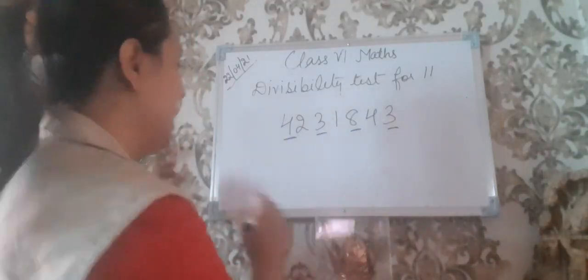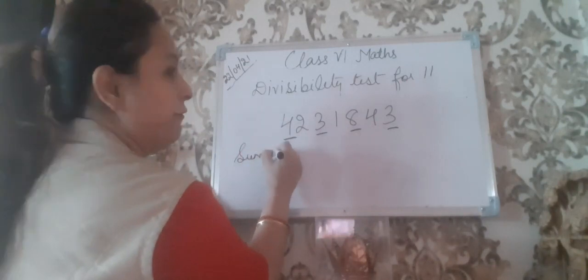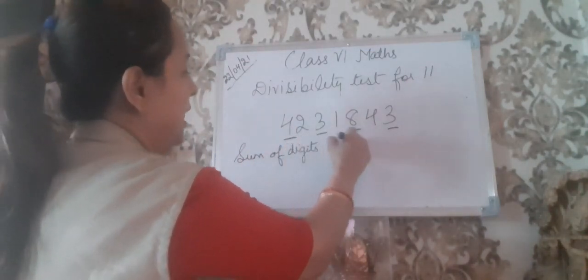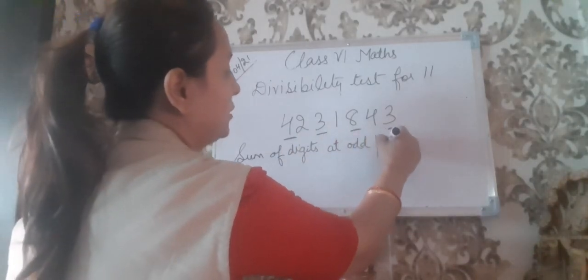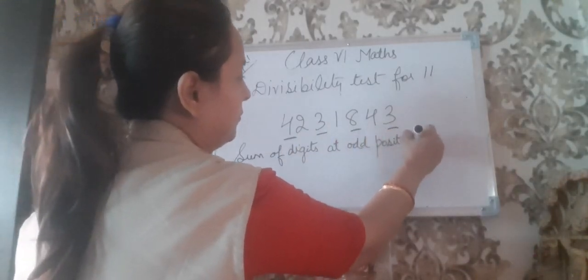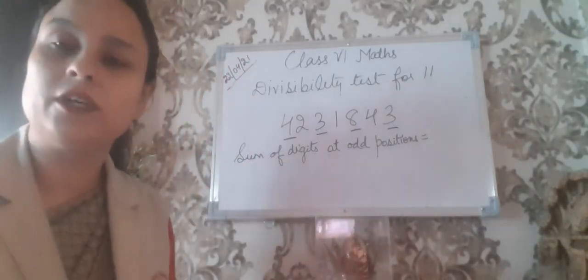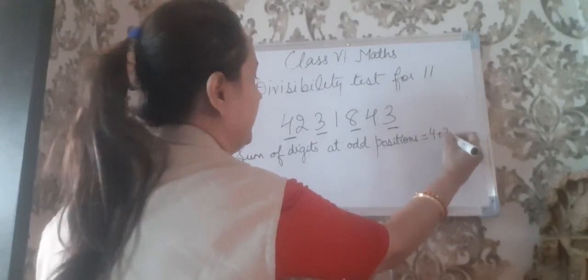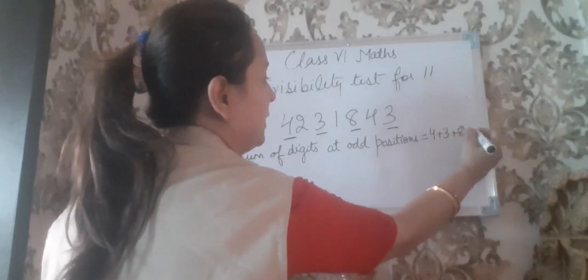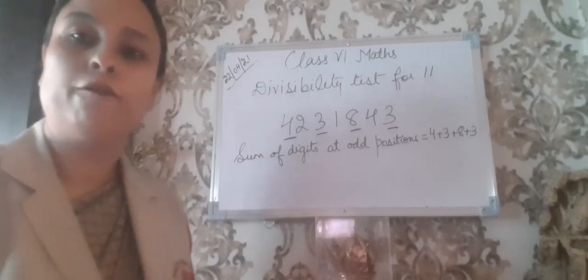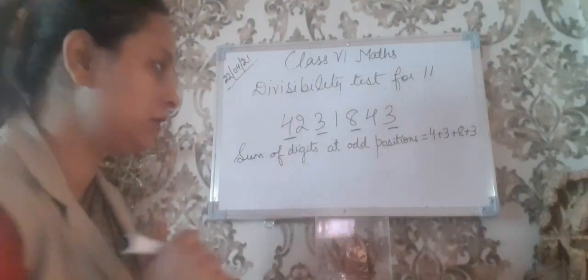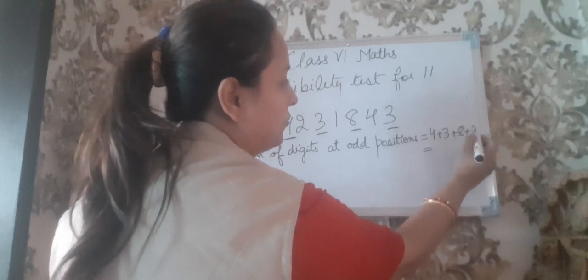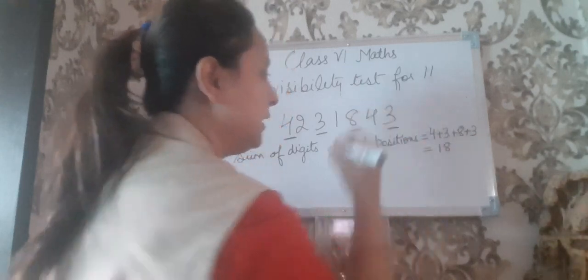Fine. Now sum of the digits at odd positions. So what is the sum of the digits at the odd positions? It is 4 plus 3 plus 8 plus 3. Right? That is equal to 4 plus 3 is 7, and 3 is 10, and 8 is 18.